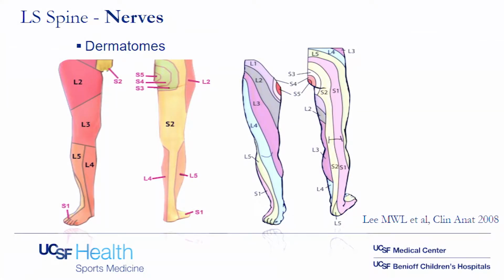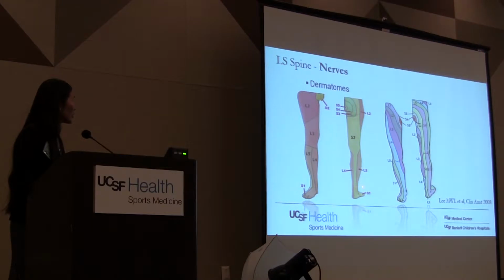Okay? However, dermatomes can be a little bit different if you look at different maps and patterns. Lee looked at it and found that there was a wide range of dermatome patterns that had been evaluated and documented in the literature in the past. But if you look at a standard area of where we can check, what's standard here?